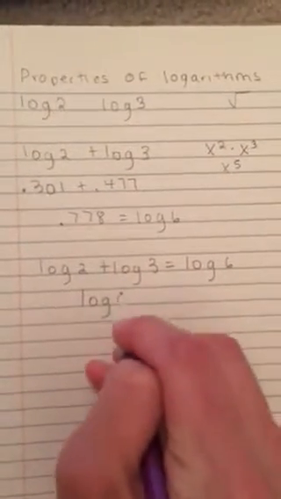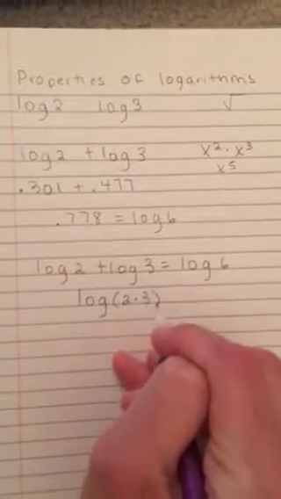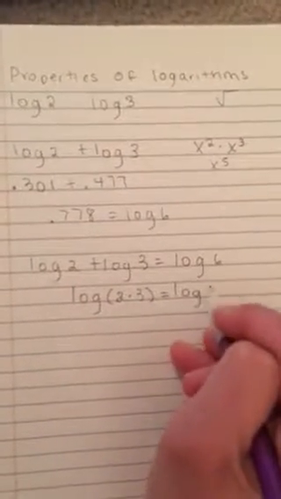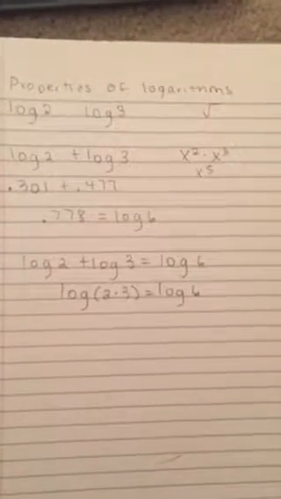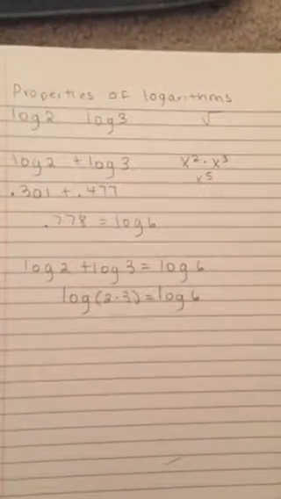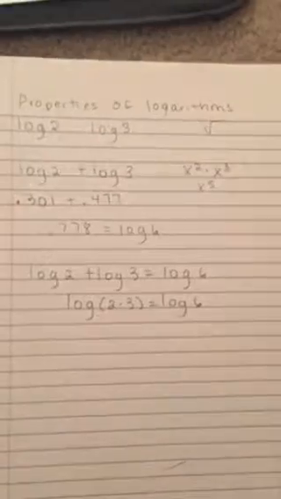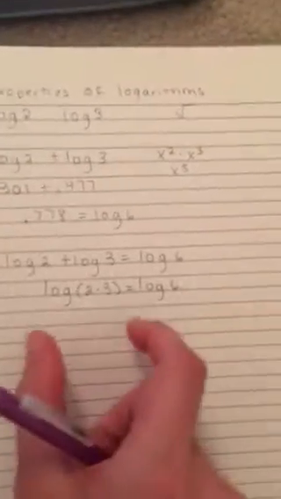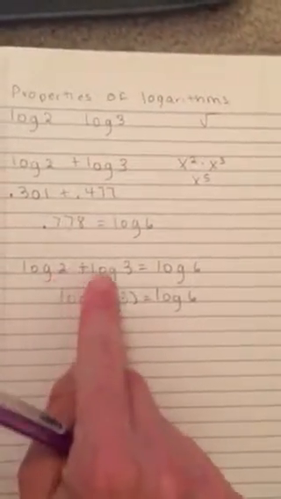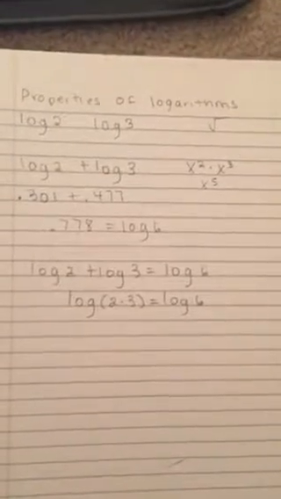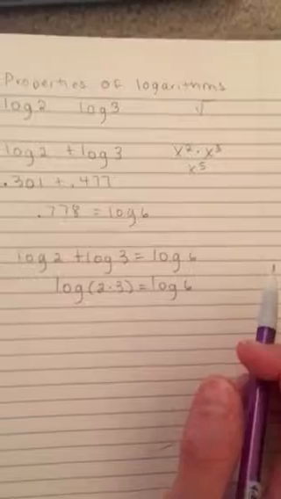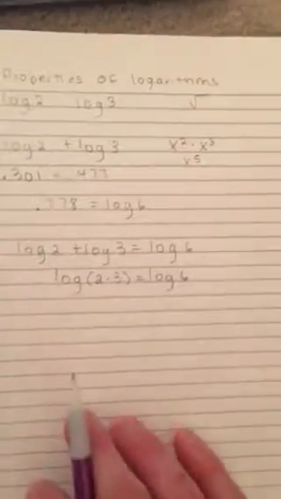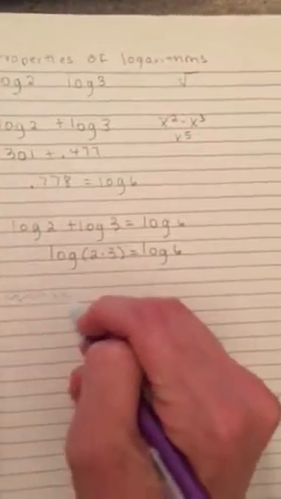It's an interesting property that happens with logarithms. Anytime you're adding two logarithms together, you could condense them to one by multiplying their values, what they're being taken of.